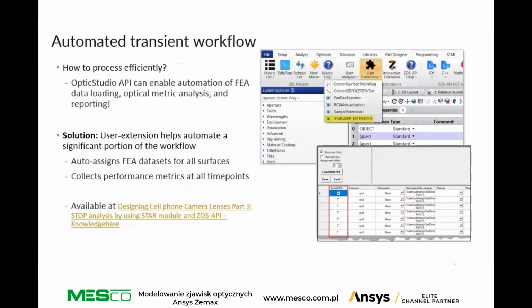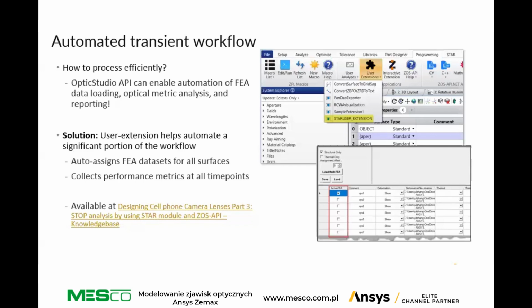So if we want to analyze, let's say, 7 temperature points, we are going to have nearly 100 data sets. So this data loading will be pretty time consuming and prone to error. So what we do is use the API to facilitate this process and to avoid mistakes.